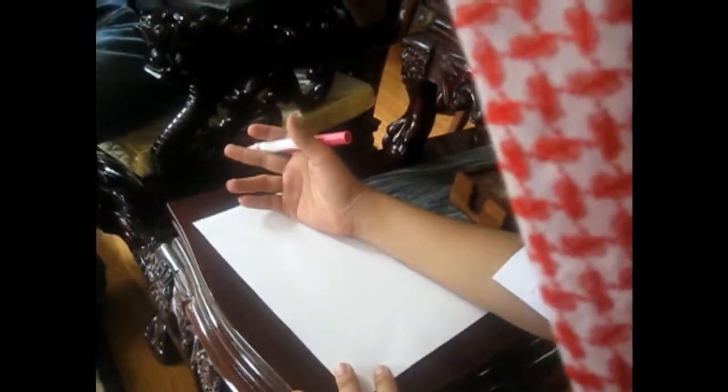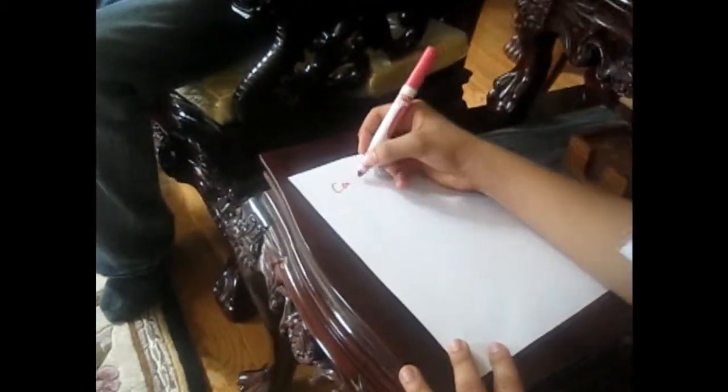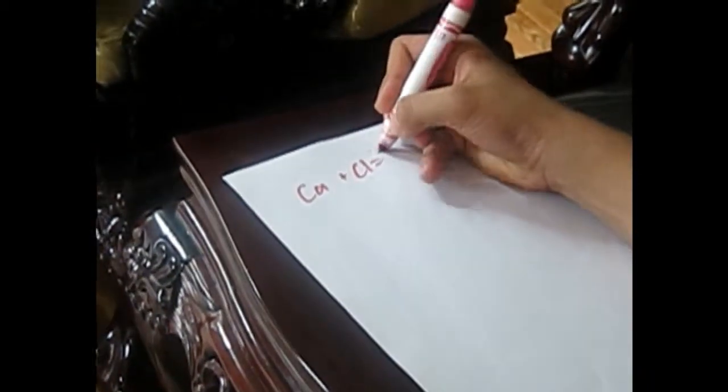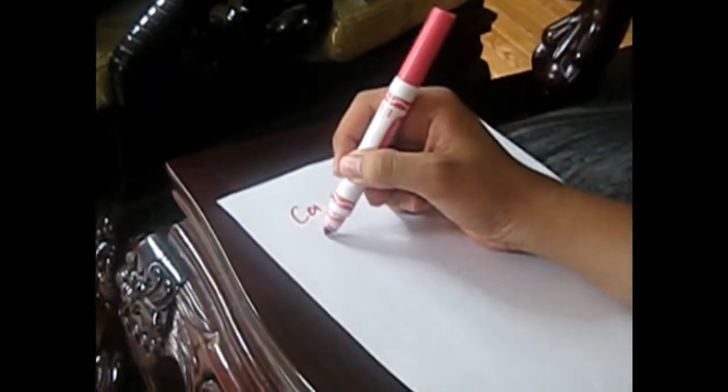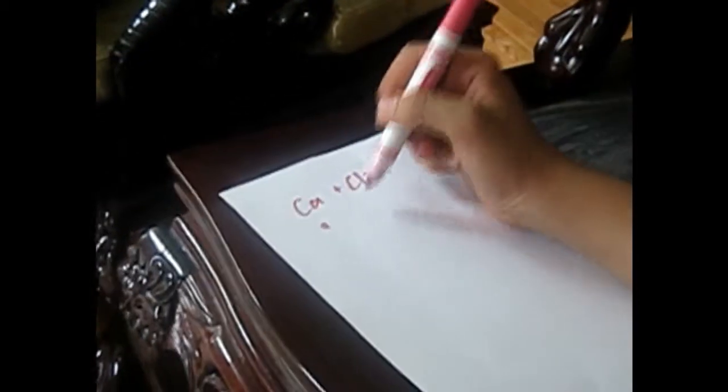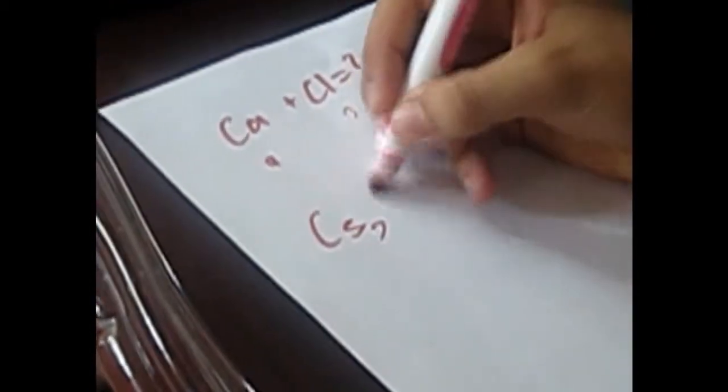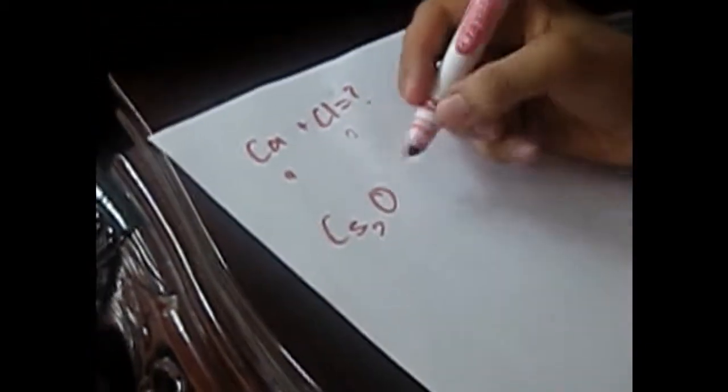Okay, so for example, the question you might get is calcium plus chlorine equals what? What you need to know about ionic bonding, to name any binary ionic compound, is first place the cation name, followed by the anion name. For example, Cs2O is cesium oxide.